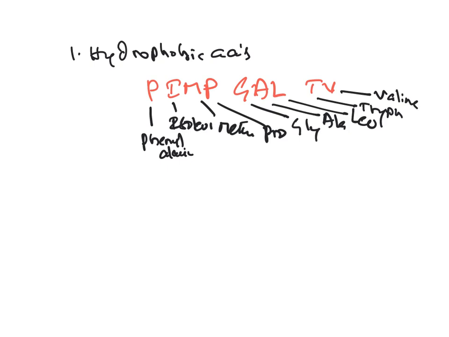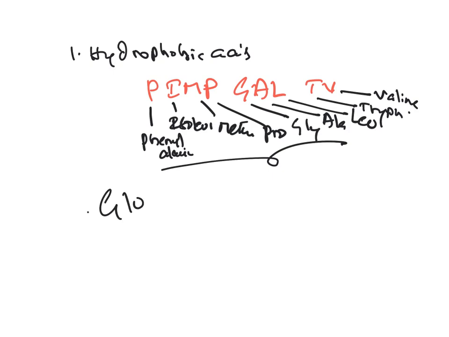So this is PIMP GAL TV, the hydrophobic amino acids: phenylalanine, isoleucine, methionine, proline, glycine, alanine, leucine, tryptophan, and valine. All these are hydrophobic amino acids.